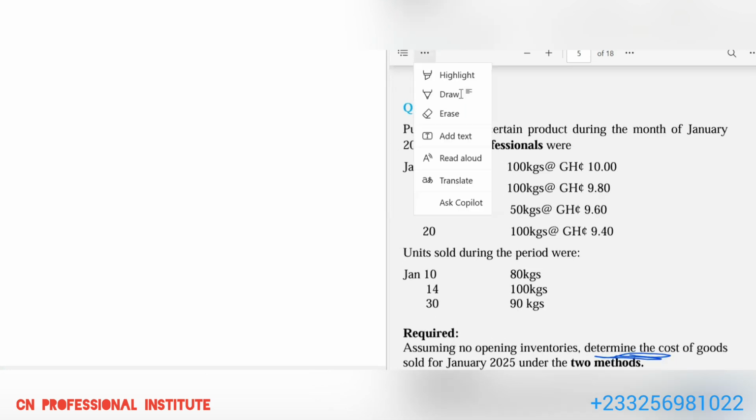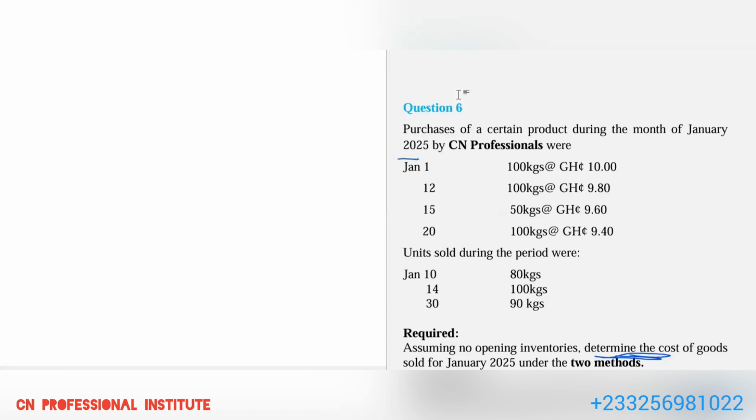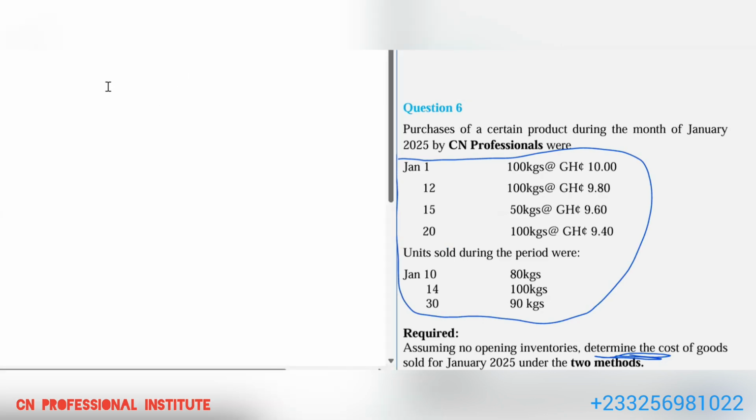The most important area is this side here. These are the figures we'll be needing to compute the cost of sales. Let's start with the FIFO method.